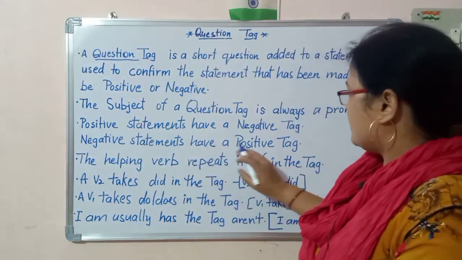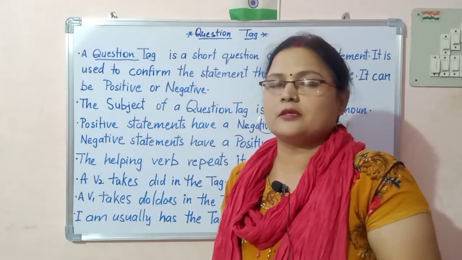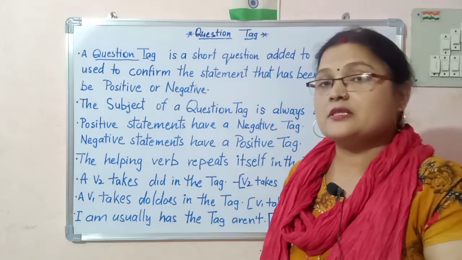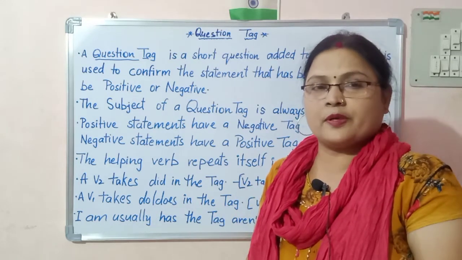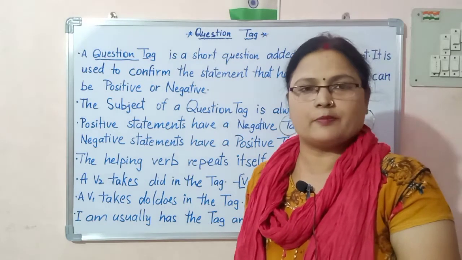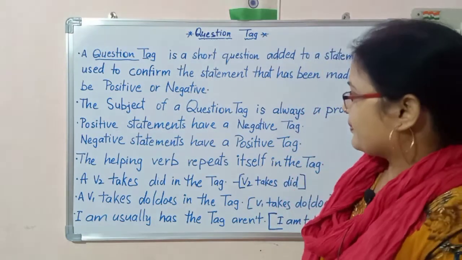Negative statements have a positive tag. For sentences that are negative, we add a positive tag. That means negative statement, positive tag; positive statement, negative tag. The tag is always the opposite of the sentence.